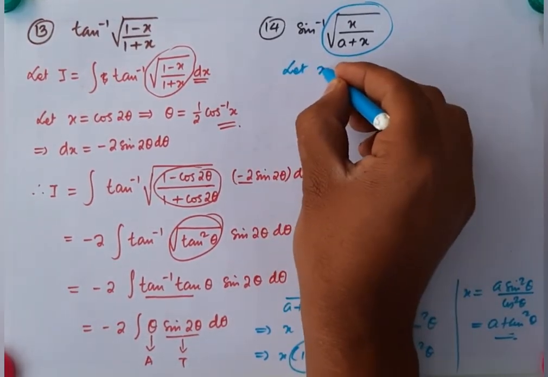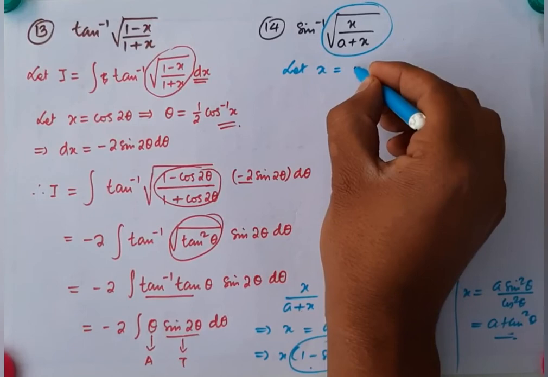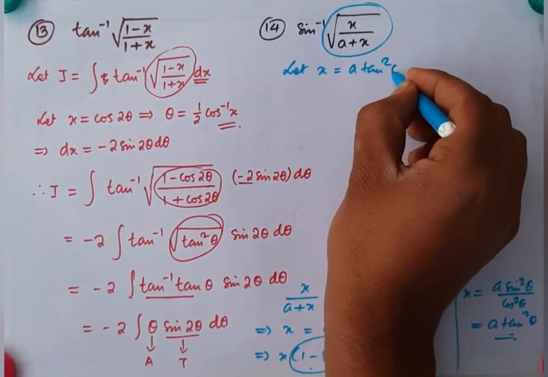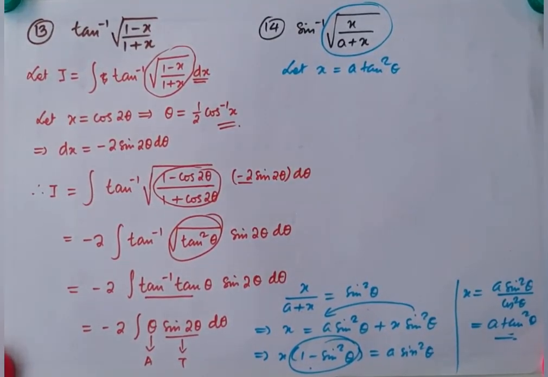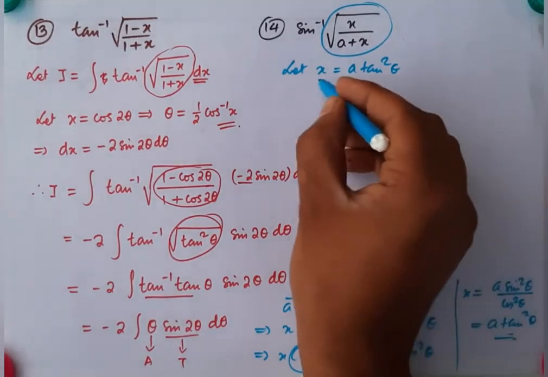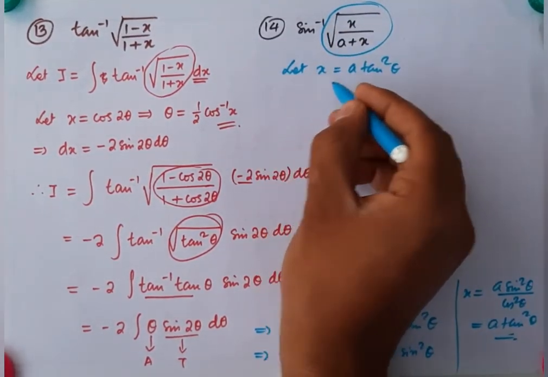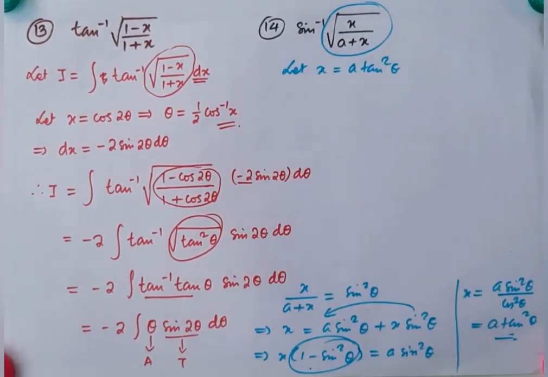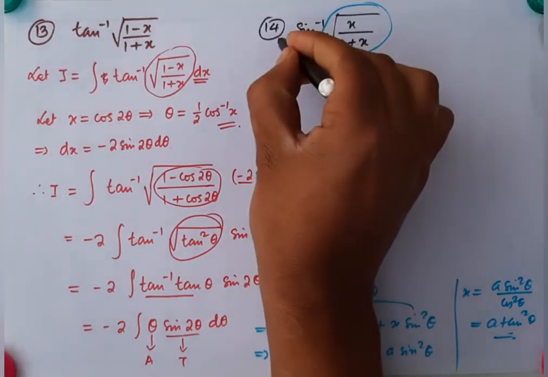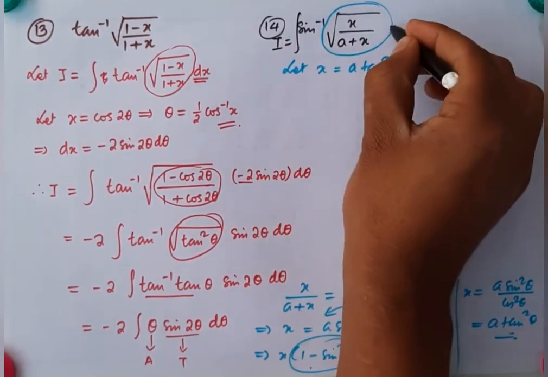So let x be equal to a tan square theta. So now our job is to differentiate. This is my integral I, so I is equal to the integral of this much.